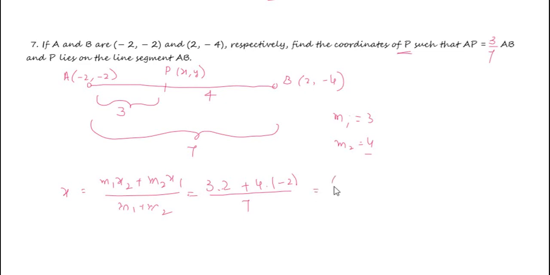This is 6 minus 8 divided by 7, that is equal to minus 2 divided by 7. That is the x coordinate.